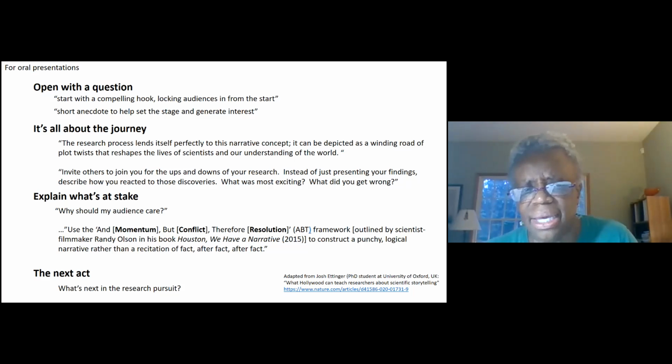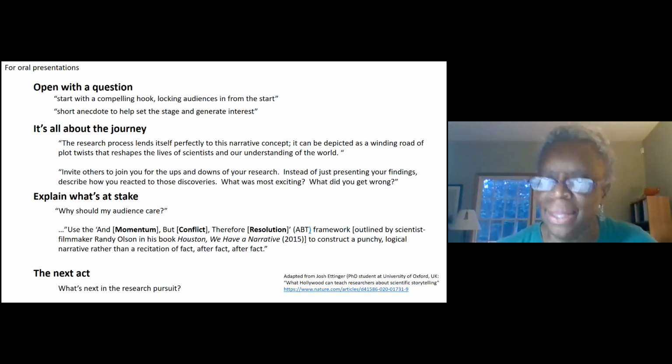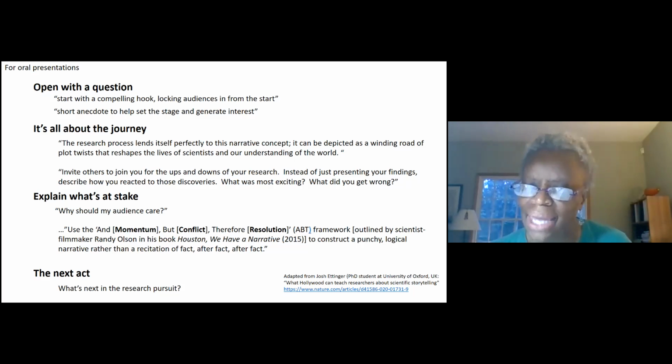So what's at stake? There's this concept, the ABT concept, the And, But, Therefore of a story. You're telling a story and then this happened, and then that happened. The And, you've got momentum. You're going with the research aspects, step by step by step.